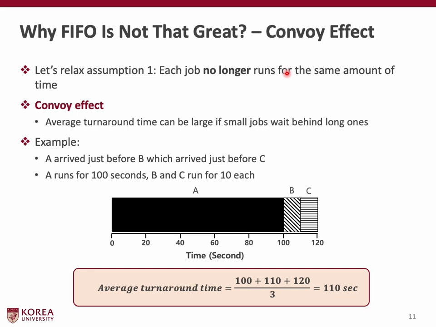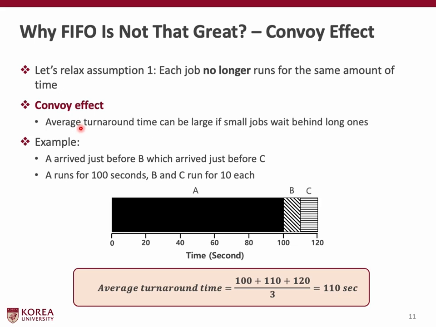Then what are their turnaround times? As you can see, A finishes at 100, B at 110, and C at 120. Then this means the average turnaround time is 110 seconds by this formula, right? And this situation is called the convoy effect.